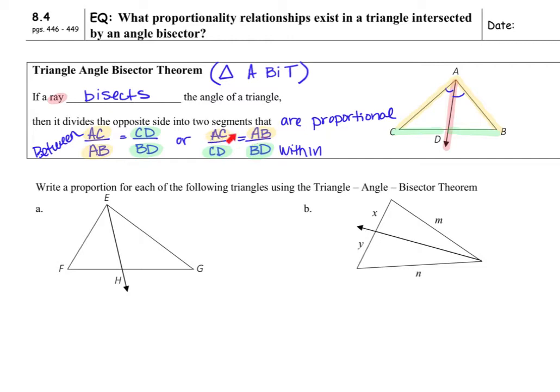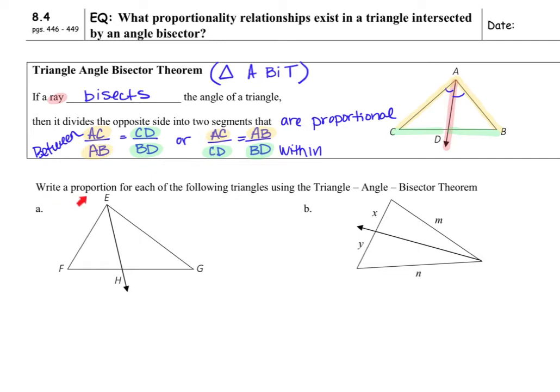However, you can see that the corresponding sides are set equal to each other. So AC corresponds to AB. Similarly, CD corresponds to BD, but this ratio is just set up to compare the sides within triangles instead of between.